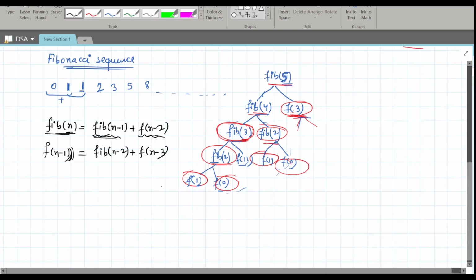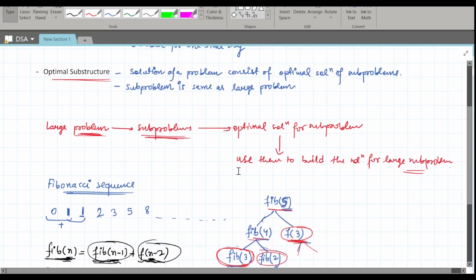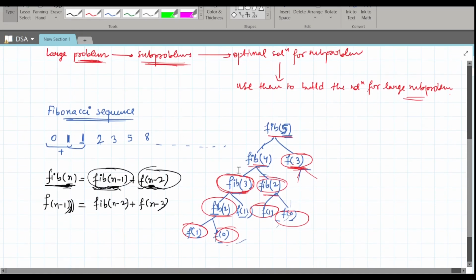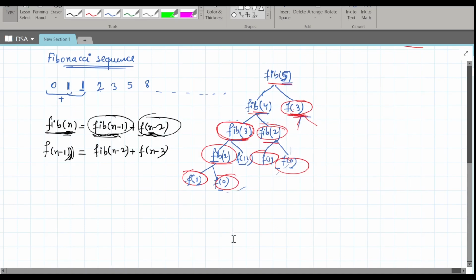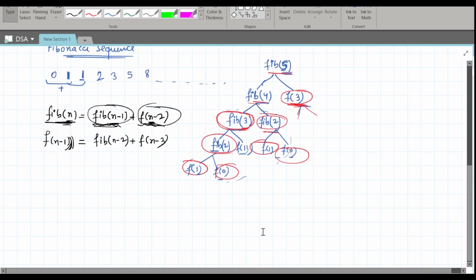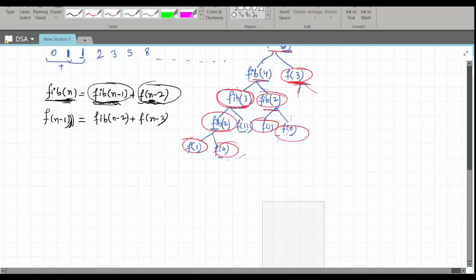When we find fib n minus 1 and fib n minus 2, if these two have the optimal solution, then the larger problem will also have the optimal solution. This property is called the optimal substructure. Or we can discuss one more example if you didn't understand the optimal substructure here.